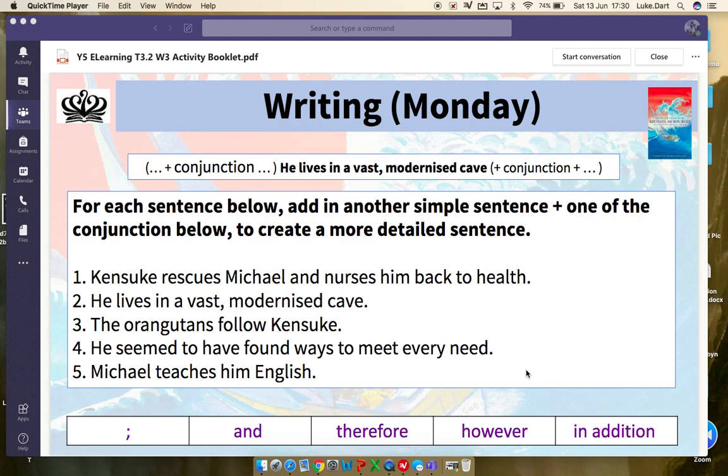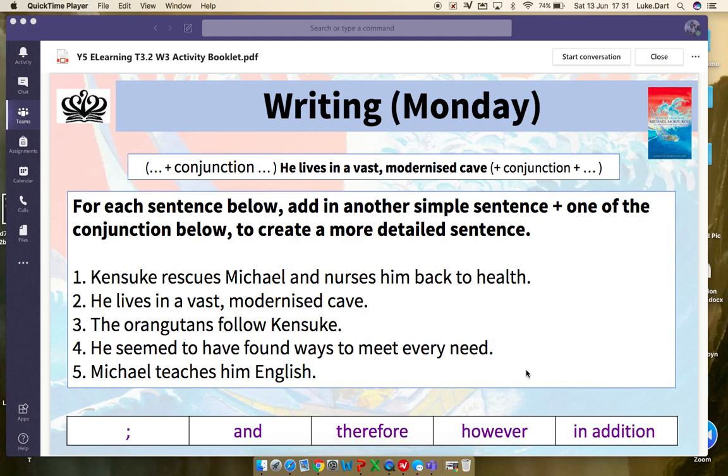So that's 2 simple sentences to make one compound sentence. Remember, a sentence will need 1 capital letter and 1 full stop. Or what you could do with he lives in a vast modernised cave is add a conjunction and another simple sentence to the end of that sentence there to create, again, one single compound sentence.